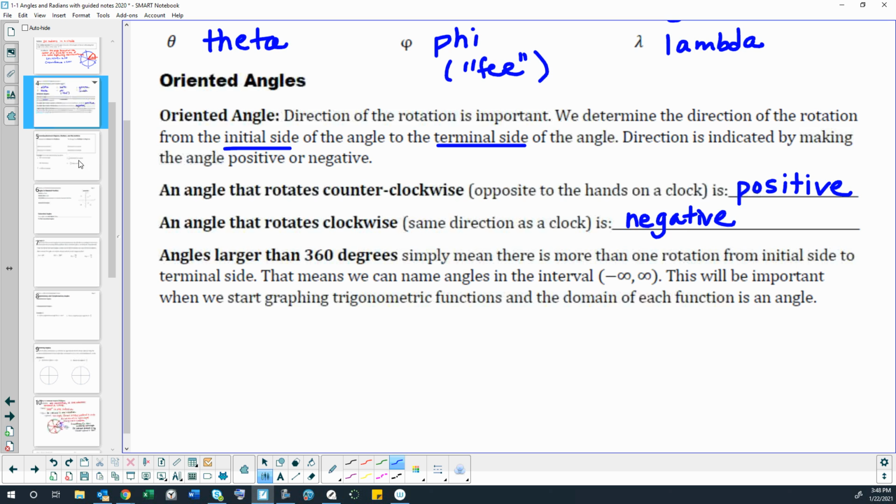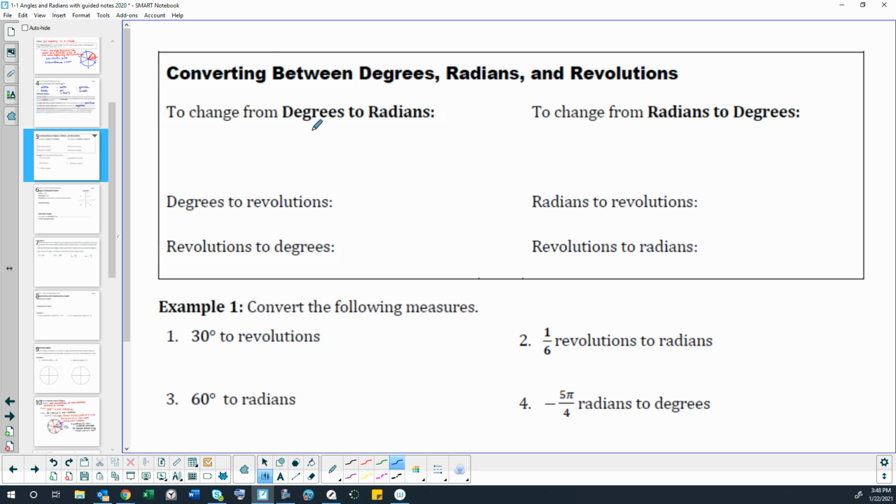So let's go on to converting between the 3 units of measurement we just talked about. So to change from degrees to radians, we are going to multiply by pi over 180. And the reason we multiply by pi over 180 instead of 2 pi over 360, because there's 2 pi radians in 360 degrees, is that way it's already partially reduced, right?